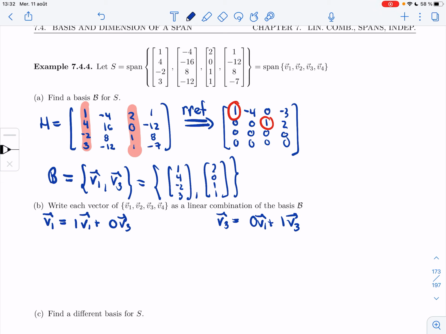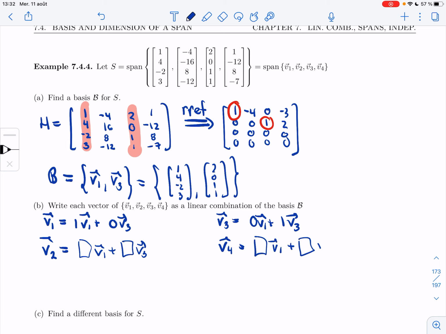Now what's interesting is I have two vectors that are no longer in my set of generators. I have V2 and V4 that I got rid of. So V2 I need to write as something V1 plus something V3, and same thing for V4. I need to write it as something V1 plus something V3.